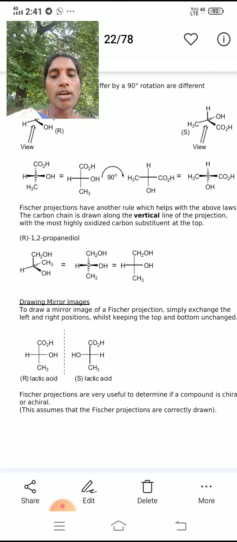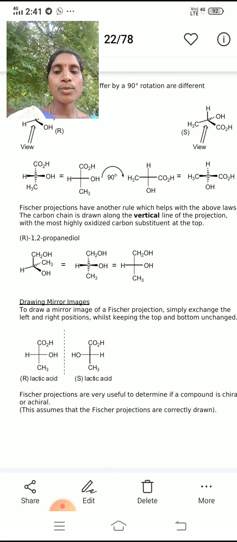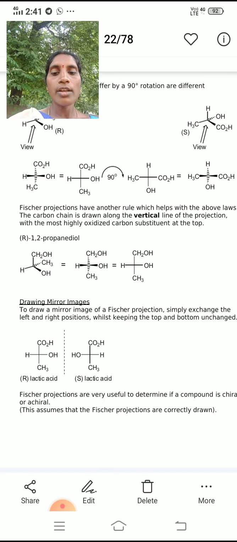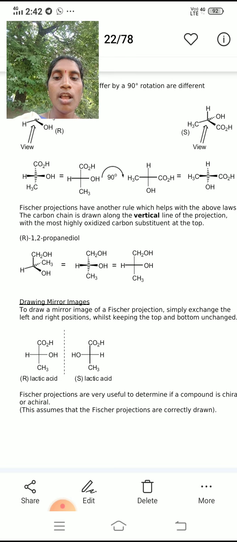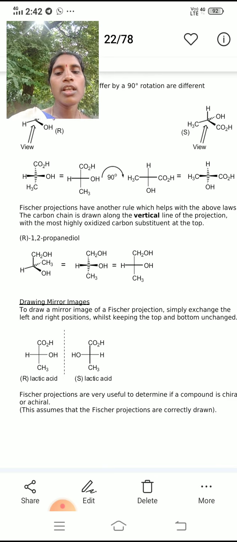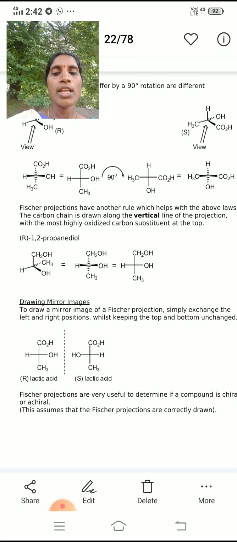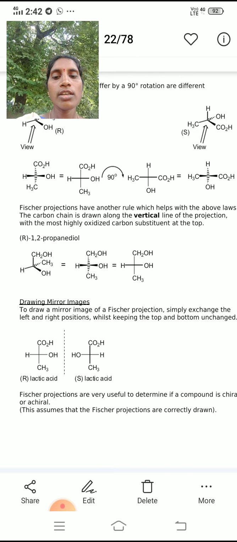On the horizontal line, the hydroxy group is at the right side for R configuration. In S configuration, the hydroxy group is at the left side.